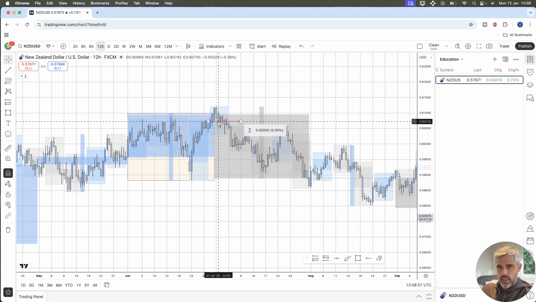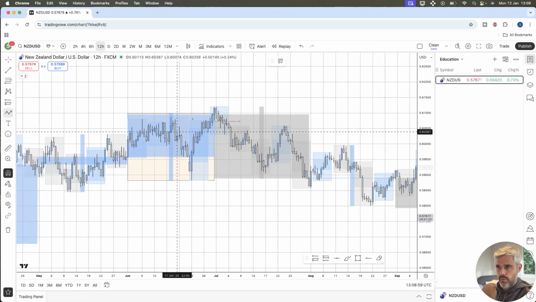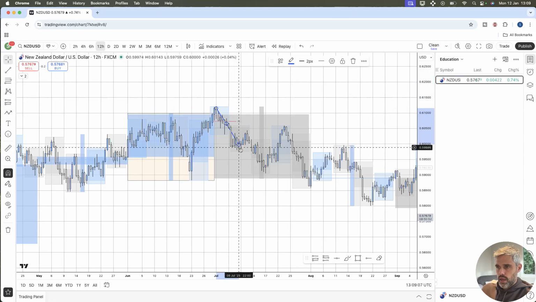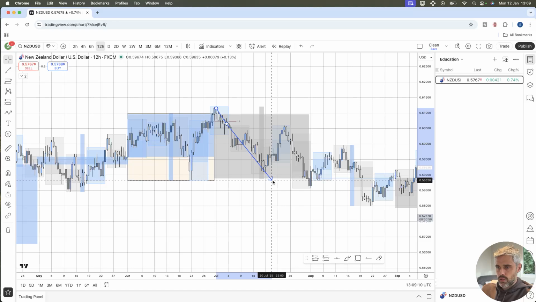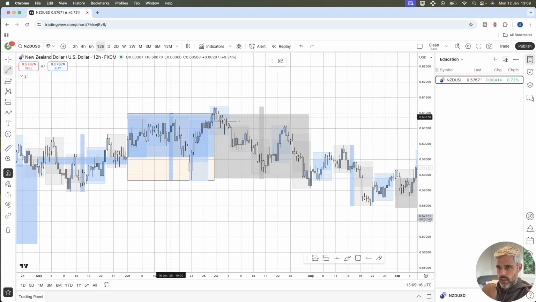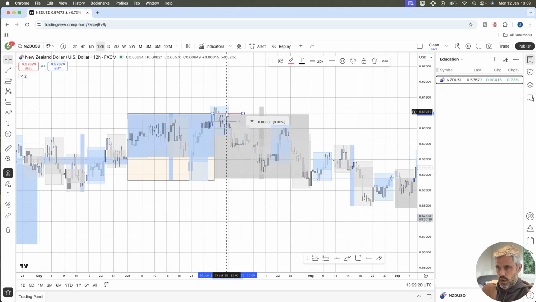And instead of price continuing in the same fashion and respecting this to go higher, what we see is that we just trade straight through and then ultimately target the lows of the candle. So a liquidity sweep right here is the sweep of this high, this candle's high.